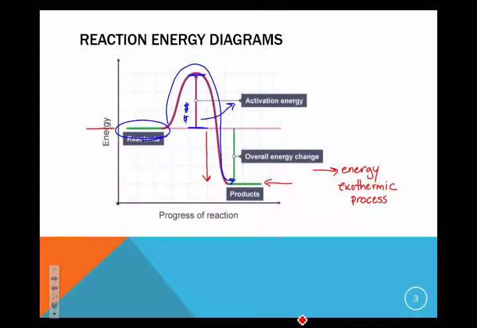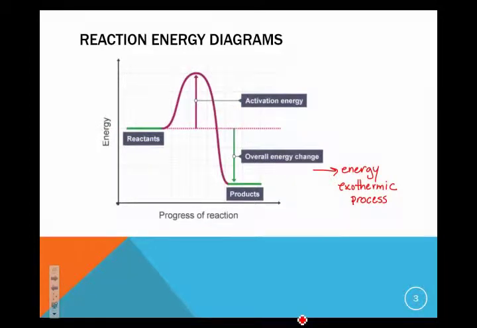If instead of this particular diagram that I have here, I'm just going to erase all my stuff on here so I can draw it and make it more clear for you. If instead of my products being below my reactants, my reaction had ended, say, here, and my products were up here, then in that case, the activation energy is still the same, because the reactants still have the same cost to pay.